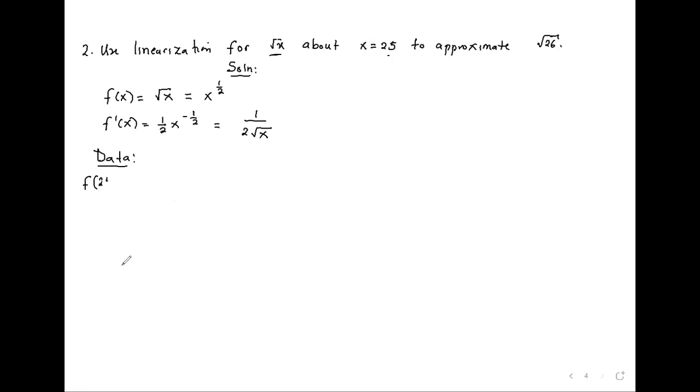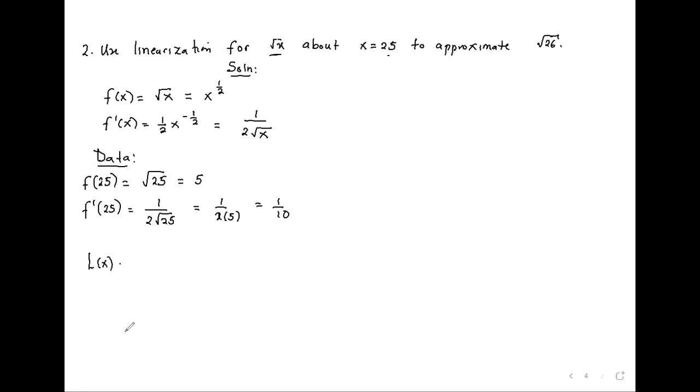Since we are talking about 26 and 25, we get f of 25, that is root of 25, which is 5. And then f prime of 25 is 1 over 2 root of 25, which is 1 over 10, since we have 2 times 5.